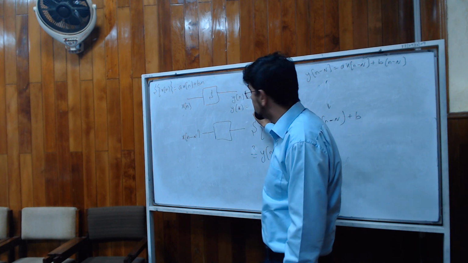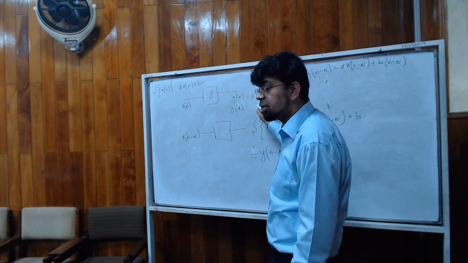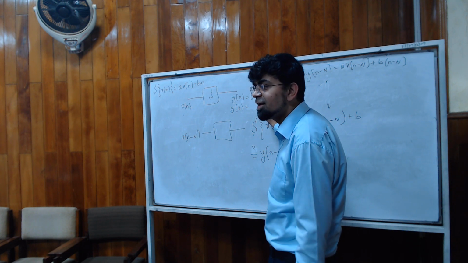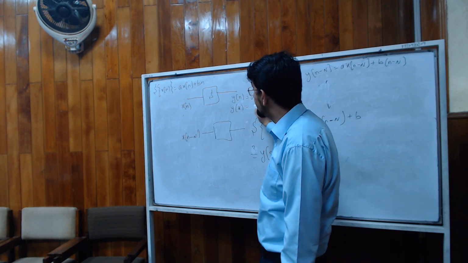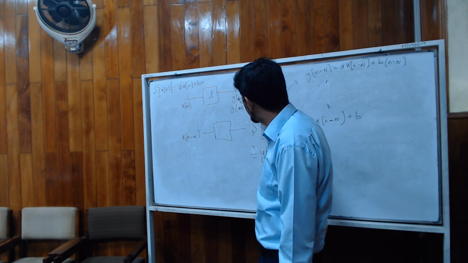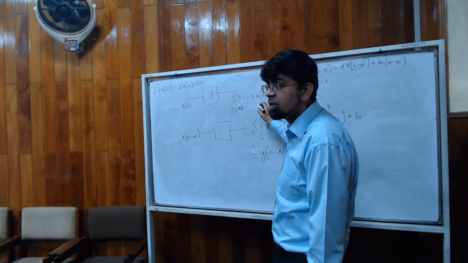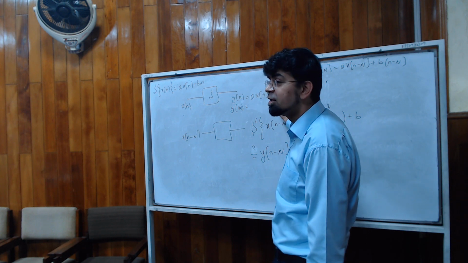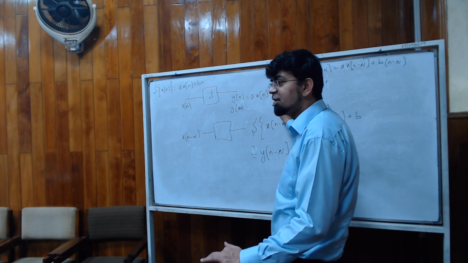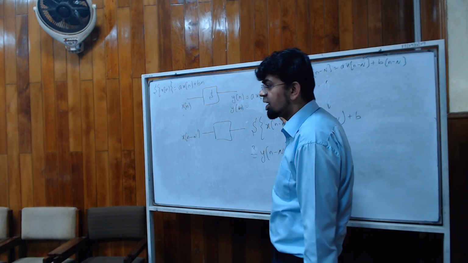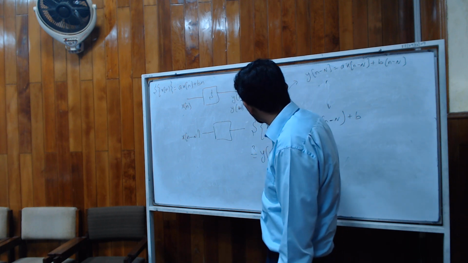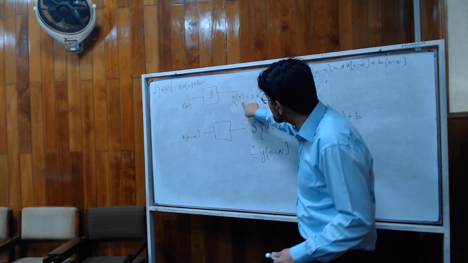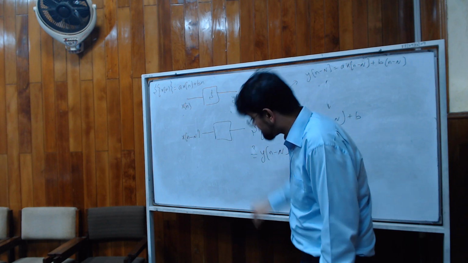What should happen? x of k plus b k. k is a dummy variable, so it becomes k. Now if I replace it by k plus 3, what will happen? a x of k plus 3 plus b times k plus 3. So it's saying this n is showing here and here. That's why you are generating the delayed function from here.